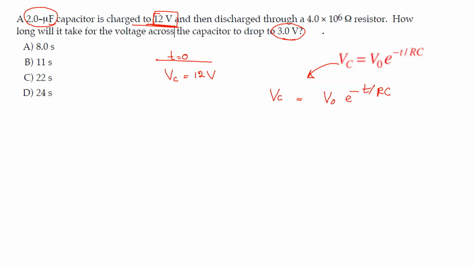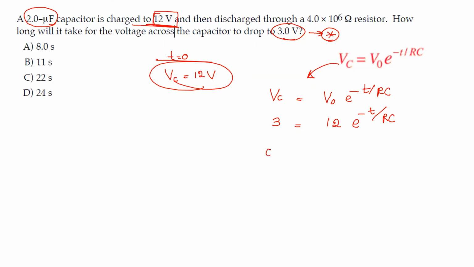Let's substitute the values. They want us to find the time when your voltage reaches 3, so VC is 3. V naught is 12, the maximum, times e to the power negative t over RC. We will substitute for RC at the end.